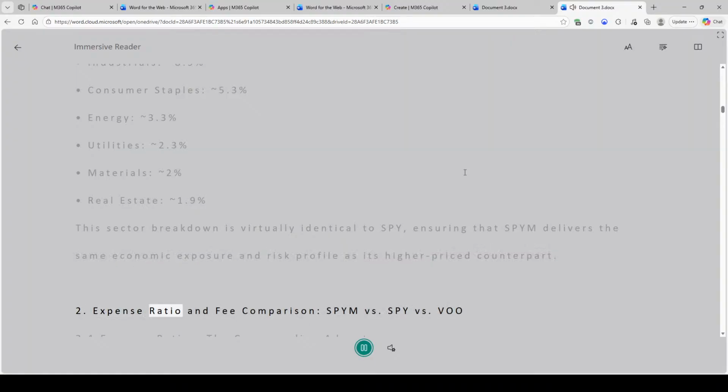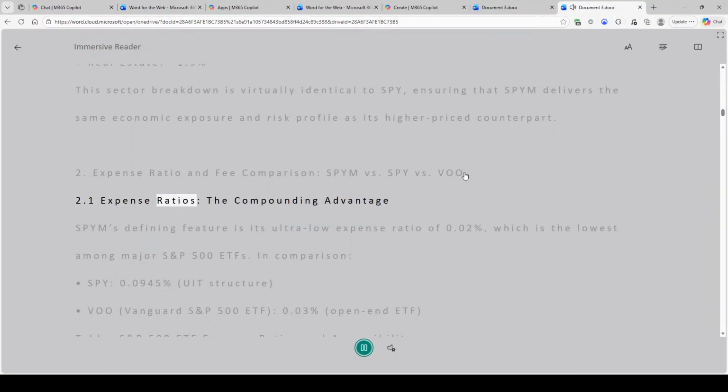2. Expense ratio and fee comparison, SPYM versus SPY versus VOO. 2.1 Expense ratios, the compounding advantage. SPYM's defining feature is its ultra-low expense ratio of 0.02%, which is the lowest among major S&P 500 ETFs. In comparison, SPY, 0.0945%, UIT structure.